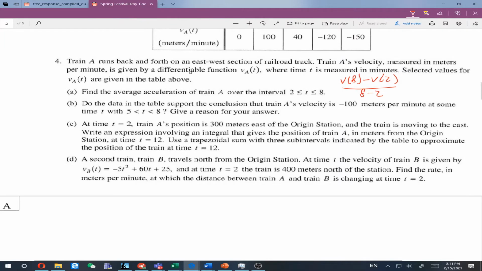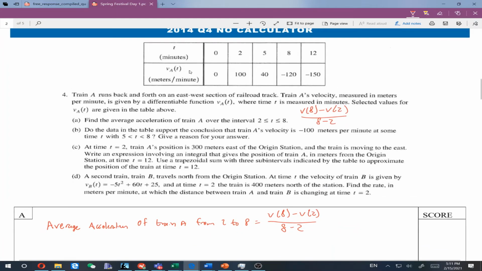So our average acceleration, okay, and we'll keep going from there. So Kyle, back to you.